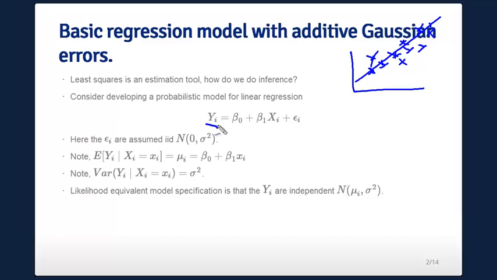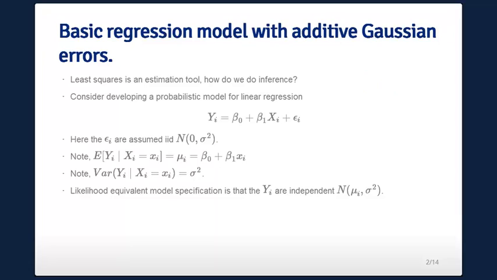Why don't we say that our y's, our outcomes for person i or measurement i, are a line, beta naught plus beta 1 xi, plus a random error term, where the error terms are assumed to be IID. It's not necessary to assume they're Gaussian for all parts of what we're doing, but we're going to frequently rely on Gaussianity of the errors.